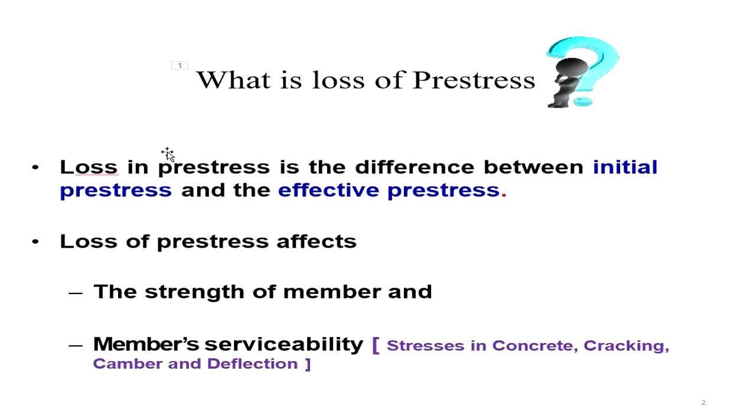Initial pre-stress means the stress at the transfer, and effective pre-stress means that initial pre-stress is reduced due to various factors, and it affects the strength of the member and the serviceability of the member. Serviceability includes stresses in concrete, cracking, camber and deflection.